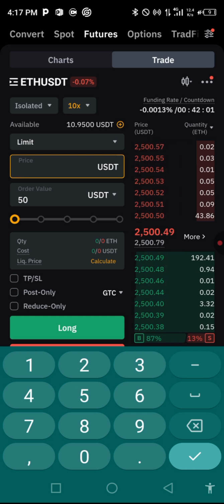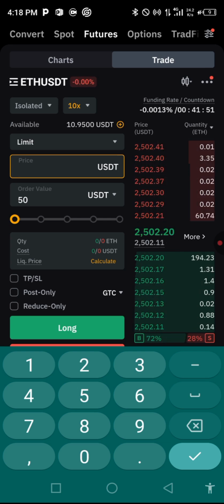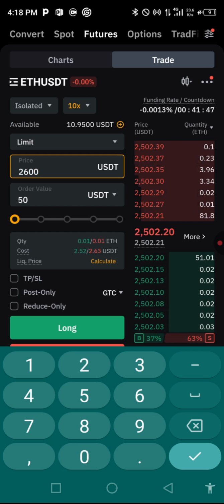Once it hits that resistance, it will come down again. So you put that once it gets to 2,600, you want to sell, because you think it will come down once it hits that resistance.